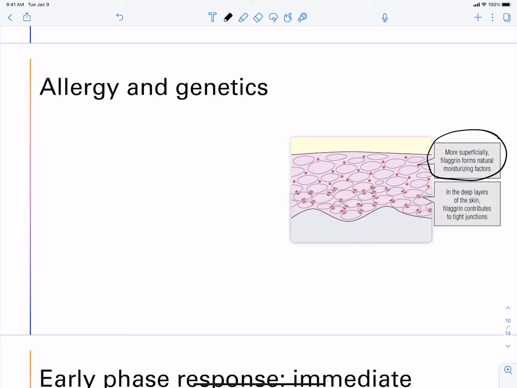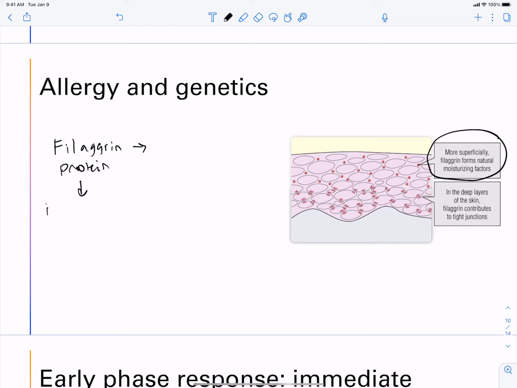And this is involved in just moistening. It's made by the keratinocytes of your skin. It's important for the cytoskeleton, important for tight junctions, maintains the epithelial cell barrier. But this particular protein is going to be broken down.